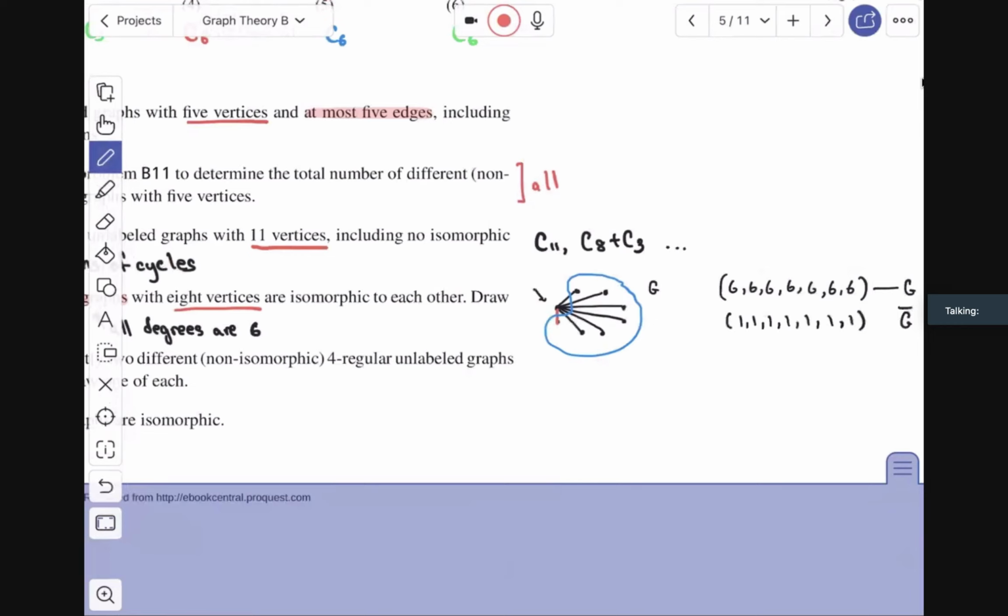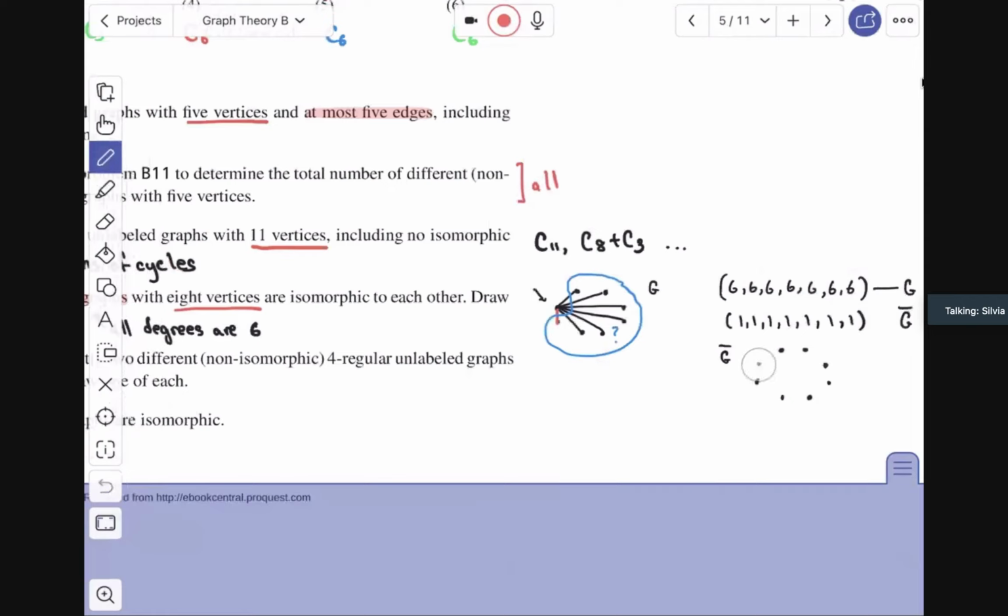So we need a graph with 8 vertices and degrees all 1. Can you draw that one? All the vertices need to have degree 1. Okay, so let's draw G complement. All of them have degree 1.